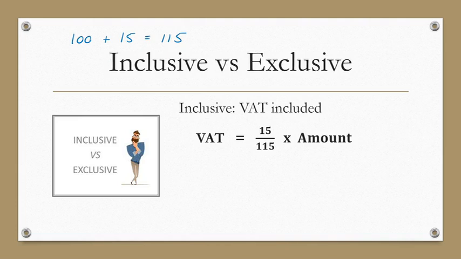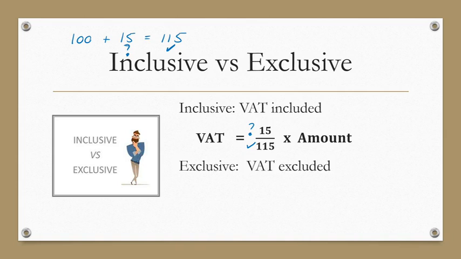Now we always want to calculate the VAT amount, so that will be the question mark, the one that we want to calculate. If it's inclusive, we know the 115 is given. So we take the amount given, multiply by the unknown, what we want to know, divide by what we have. We have the 115 because it's inclusive.